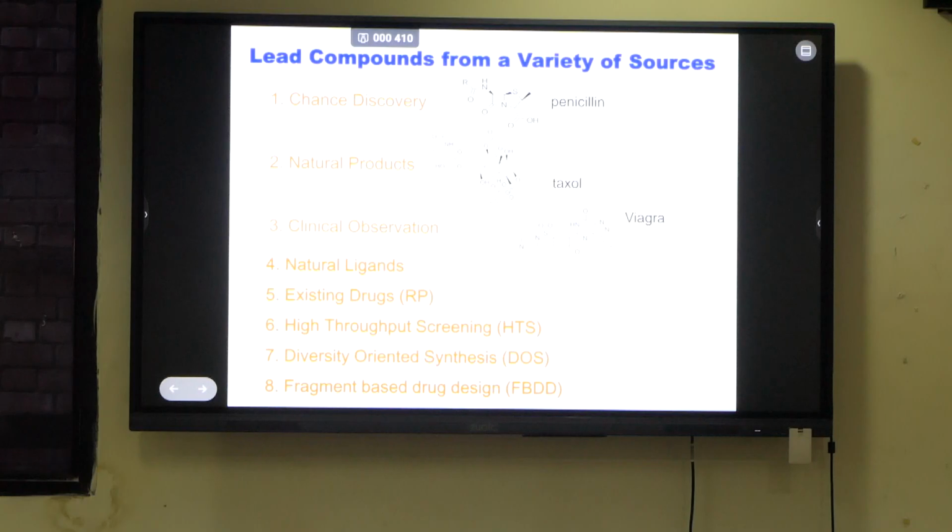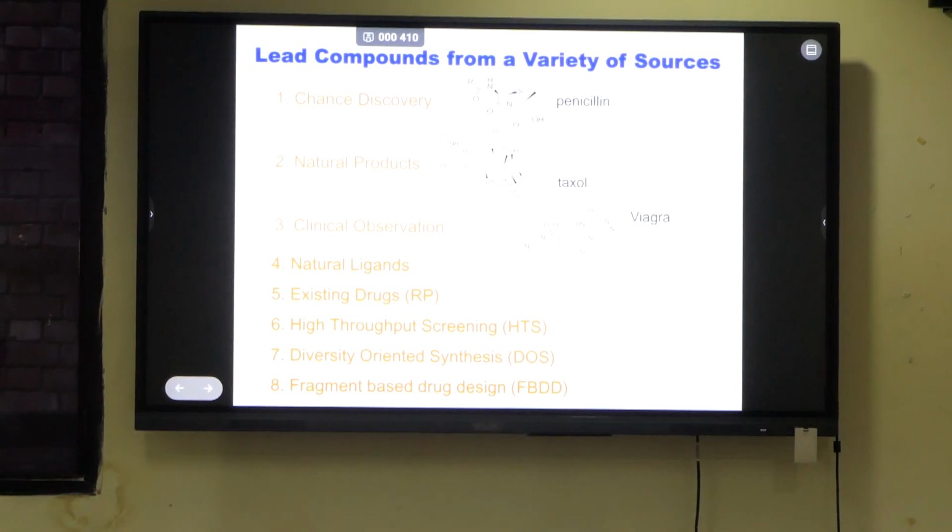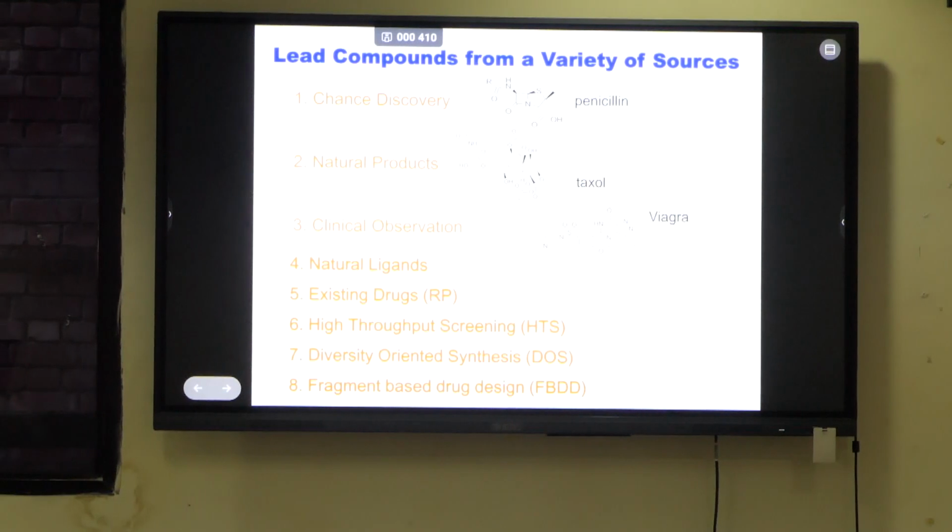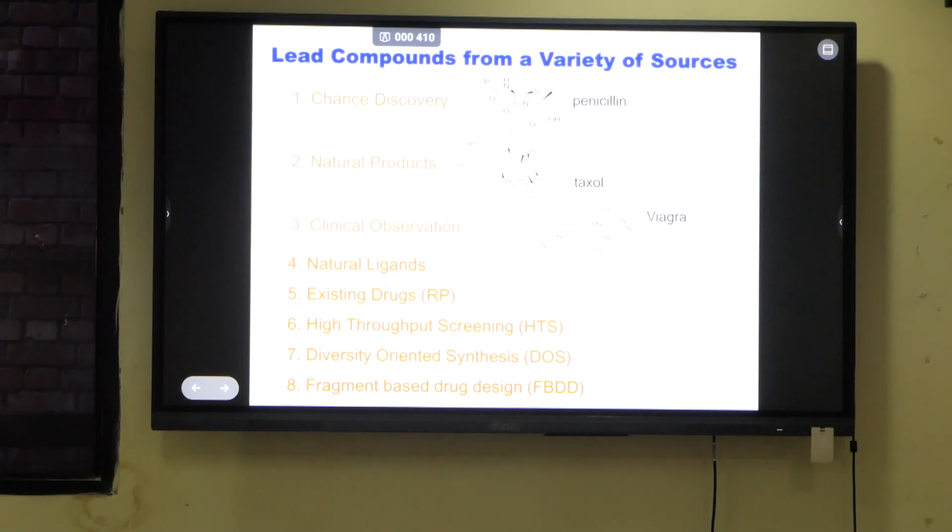In those three-dimensional structures, what diversity-oriented synthesis actually aims for, this concept was given by Stuart Schreiber at Harvard University. He is still alive, I think around 90 years old, still very active, and he has his own company.